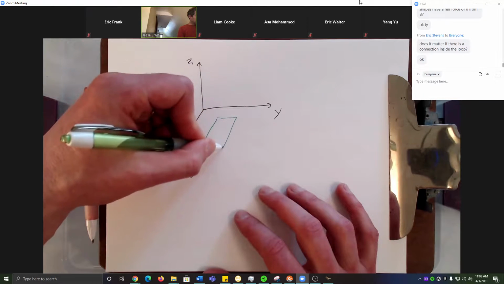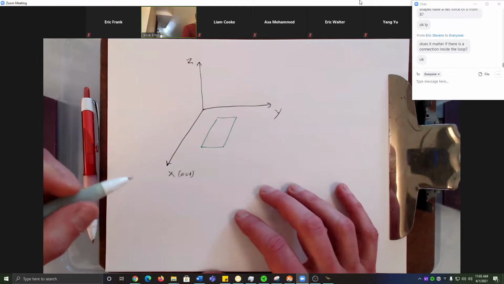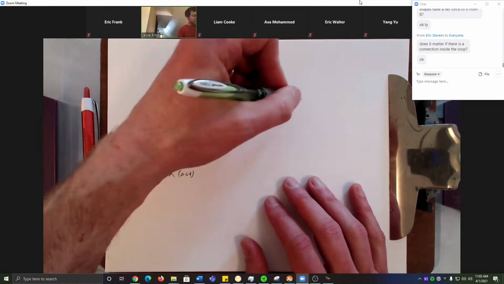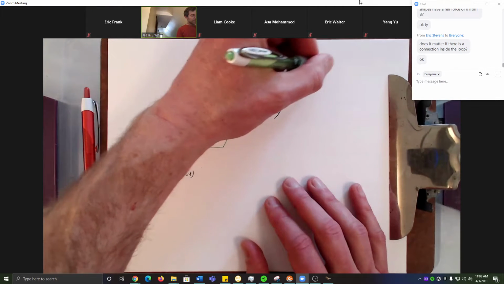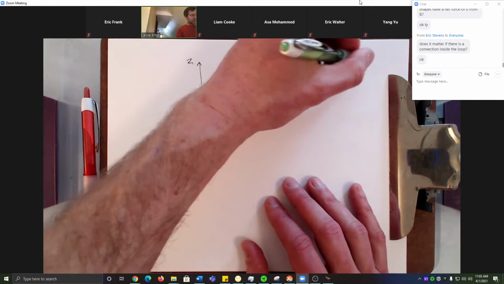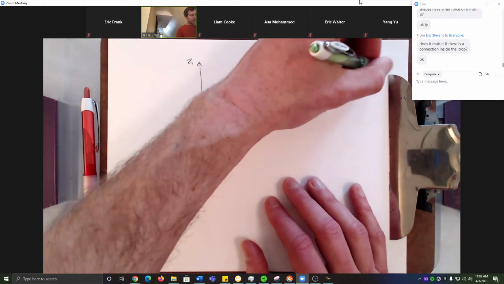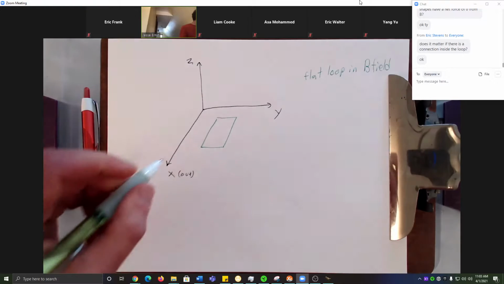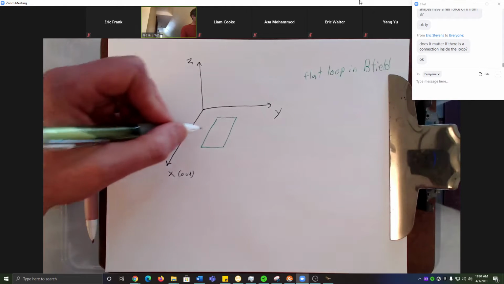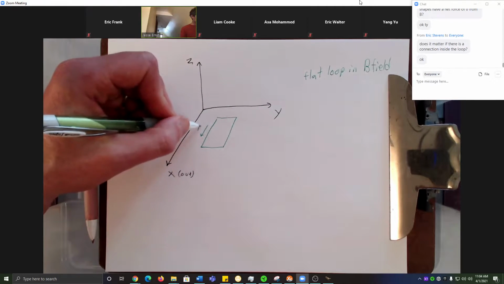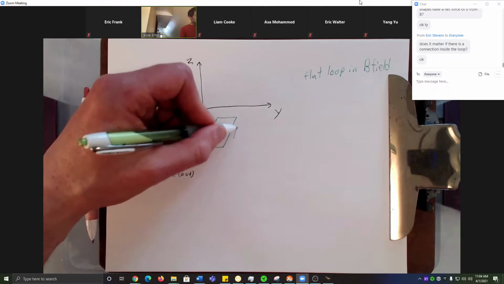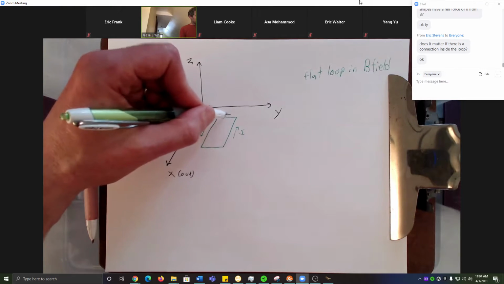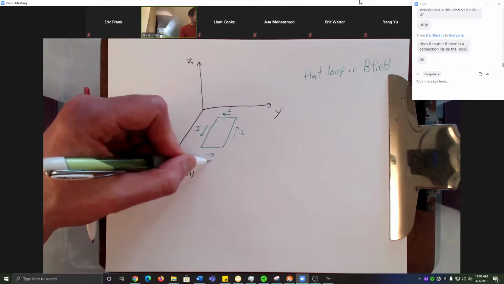Let's take a current loop that is flat. So we have a flat loop. There's a current I going around the loop this way. So it goes that way, and then here, and then over here, and this way.